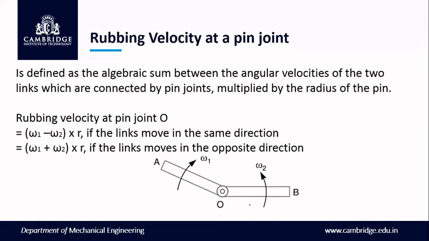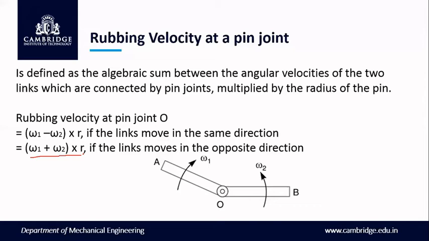One should take care of the direction of rotation: when the links move in the same direction, we consider a negative sign, and when the links move in opposite directions, we consider a positive sign. In the diagram, both links are rotating in opposite directions. Hence, the rubbing velocity at pin joint O is given by omega 1 plus omega 2 multiplied by the radius of the pin.